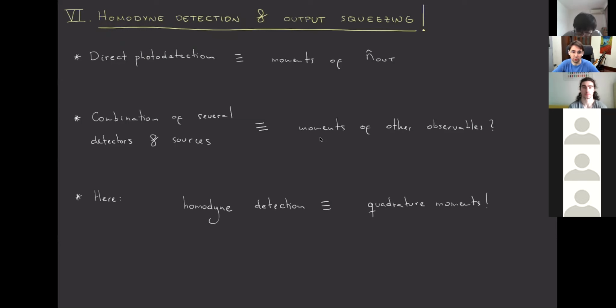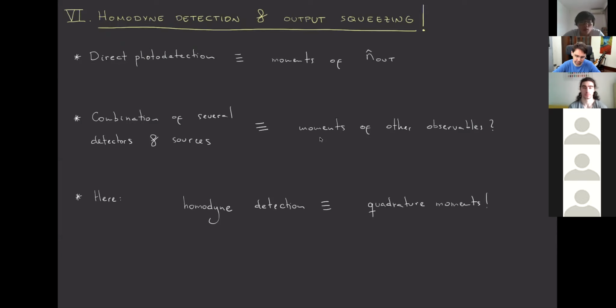You can imagine that this is super important because in most of the course we have been characterizing quantum states by first and second order moments of the quadratures. So it's very important to have a way in the laboratory to measure quadratures, because those are the absolutely basic observables from which we can infer the properties of any other observable of the system.